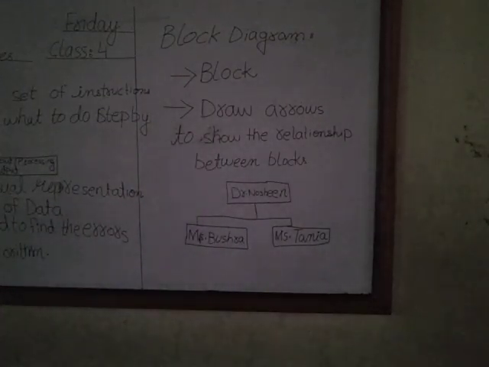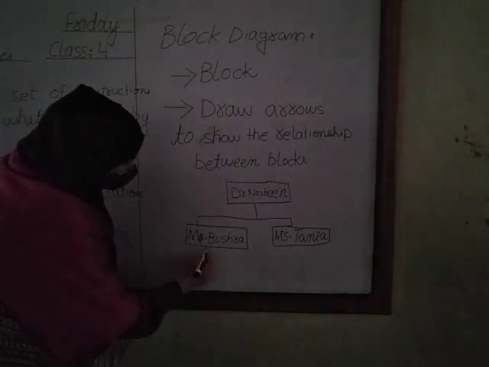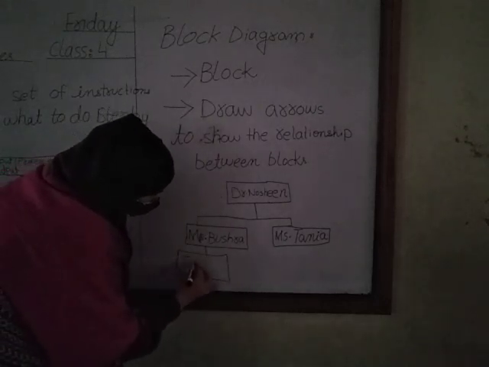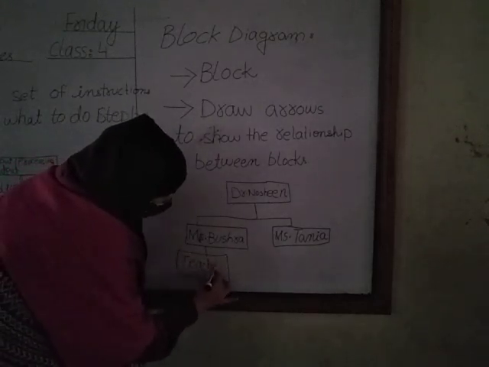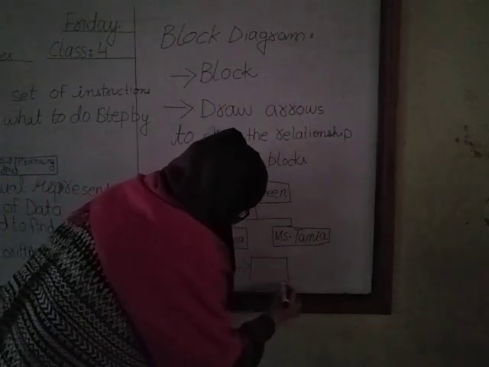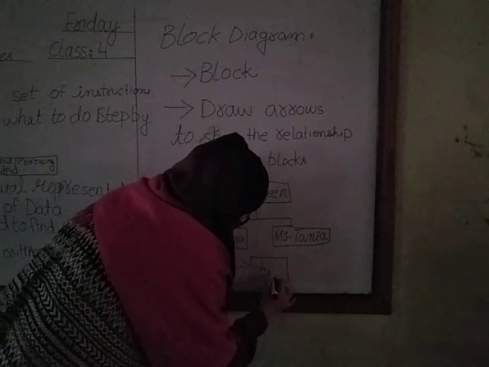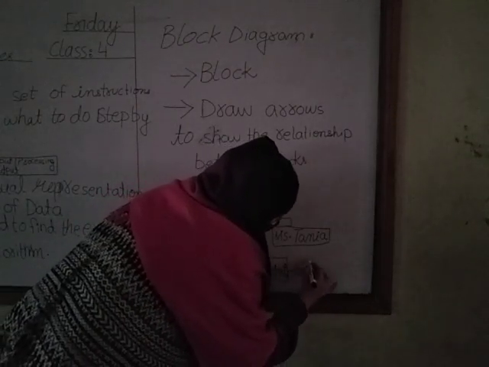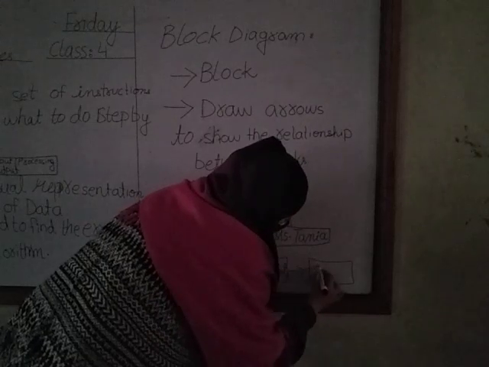Then teachers and students, then books, they are linked together. Then we draw a block: teachers, students, books.